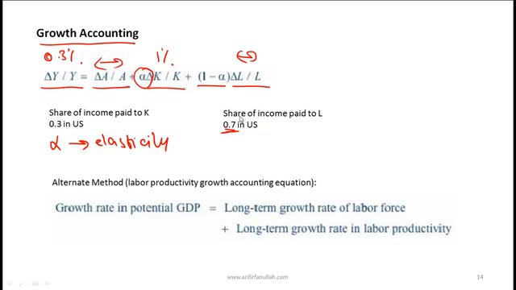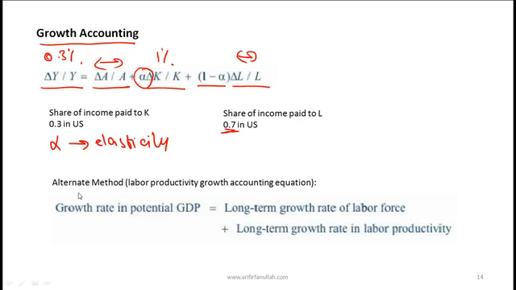So bottom line here is that alpha has two interpretations, or two meanings. One is it's the share of income paid to capital, and the other interpretation is that it's like elasticity, where a 1% change in capital, everything else staying the same, results in a 0.3% change in output.